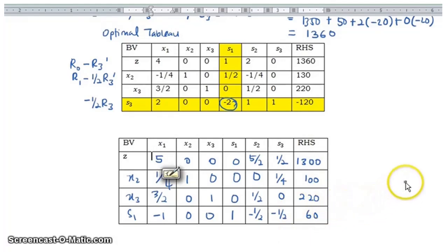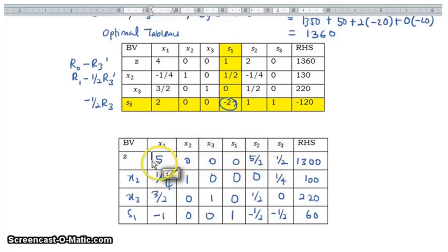Okay, now check the optimality of this tableau. Since the problem is to maximize the revenue, we need to make sure each variable in row 0 has a non-negative coefficient.